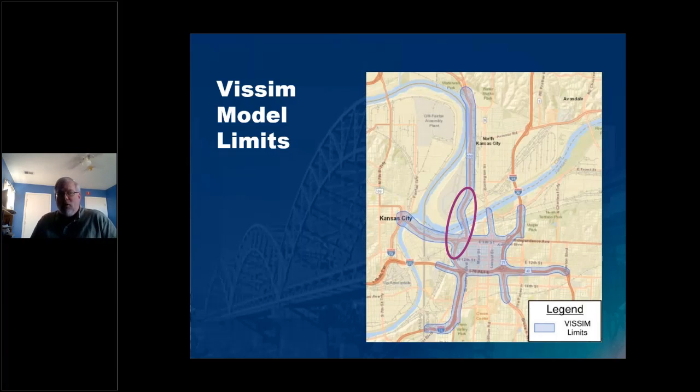This project is in the northwest corner of the downtown loop. And it's worth mentioning that this model was developed in version 8 of VSIM. I know that's several versions behind, but when we tried to bring it forward to a newer version, the model got out of calibration, and we decided to leave everything in version 8.